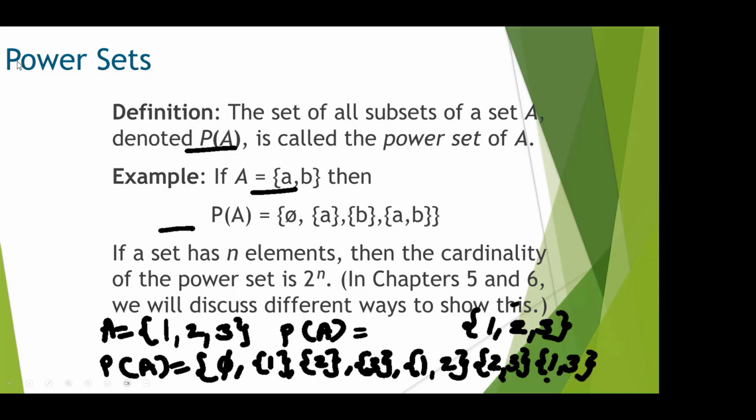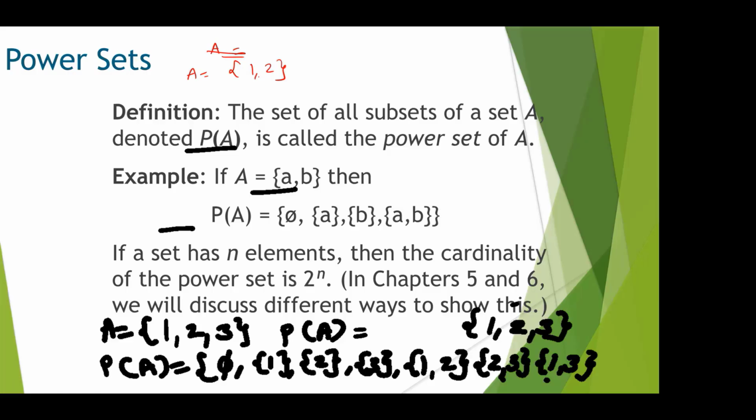The power set is all possible subsets of a set. So let's say my set A is 1, 2. Then what are the different sets which will be subsets of A?